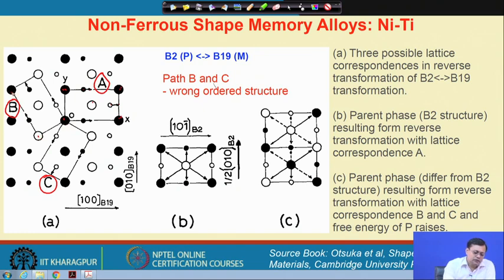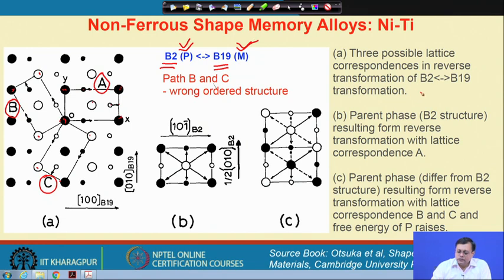Here you see this is again the same structure, and we can get this in the martensite B19 structure. Now, the transformation that is required from B2 to B19, that is from the parent phase to the martensite phase, is the desired one.